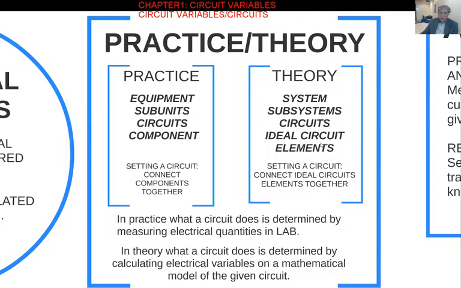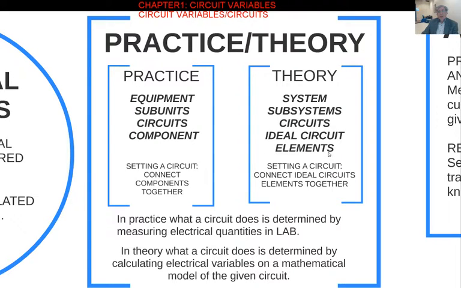So the question is, what is the relation of ideal circuit elements and the components in practice? The answer to that question: for each component in practice, there is a composition of the ideal circuit elements which represent this component.